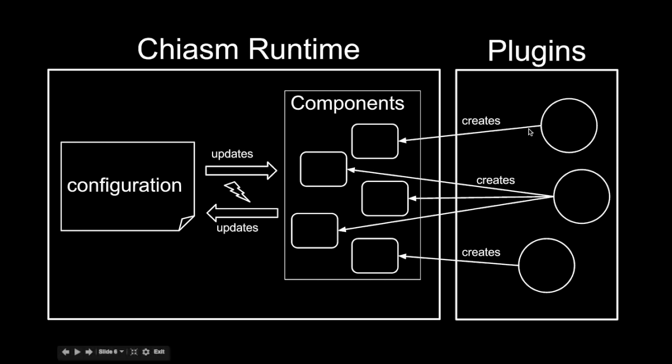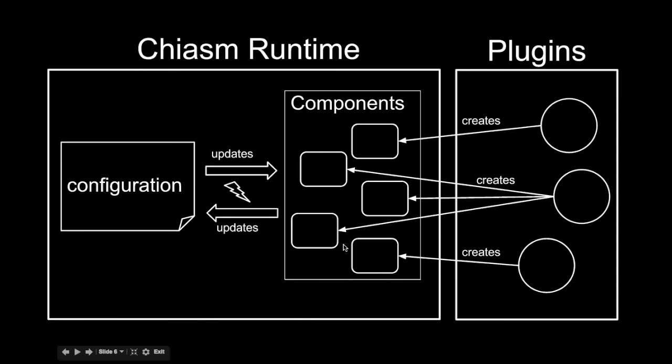And these plugins are essentially constructor functions for components. So like in this example, this plugin may create 3 different components. So a component in this terminology is an instance of a plugin that is managed by Chiasm. And so as the configuration changes, Chiasm will update the set of components.